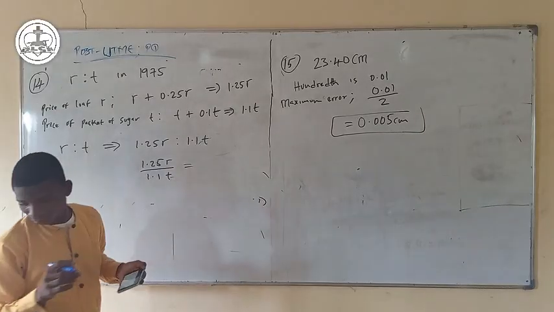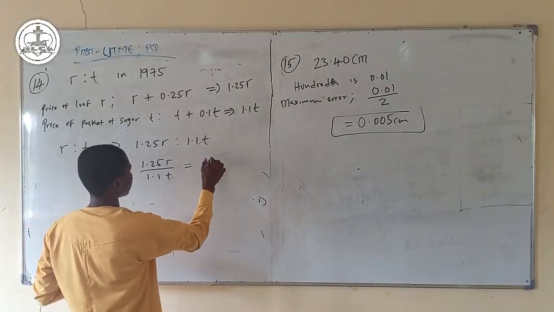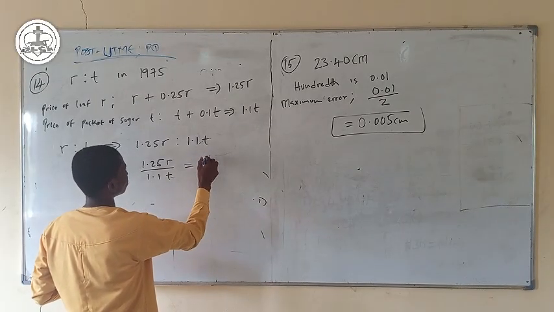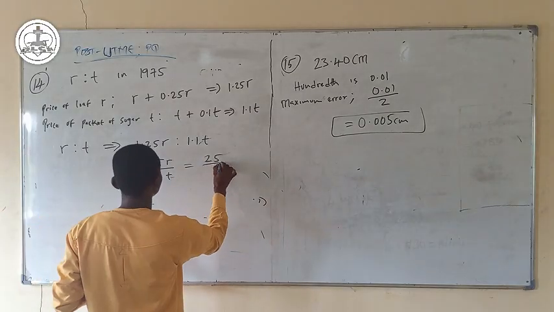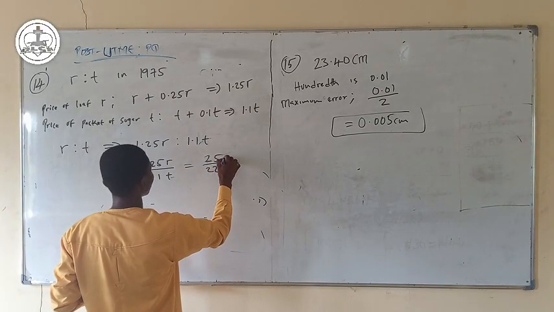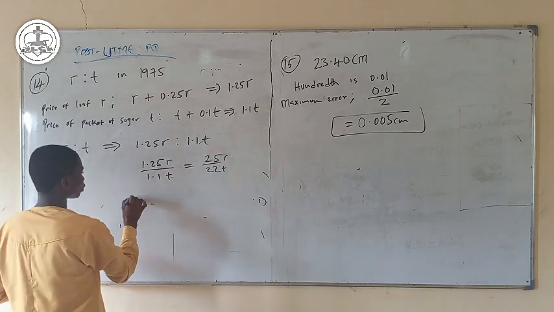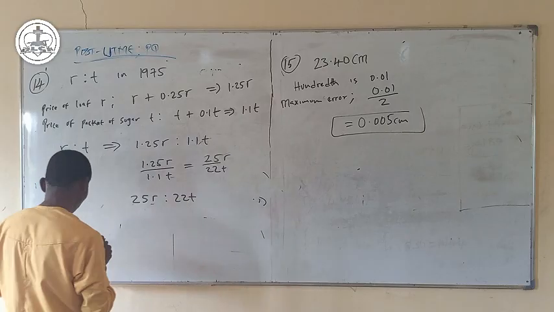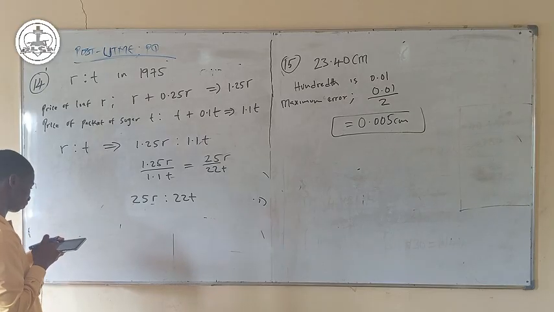I want this to become 25 over 22 when we resolve it. So this is 25 R is to 22 T. This is their new ratio.